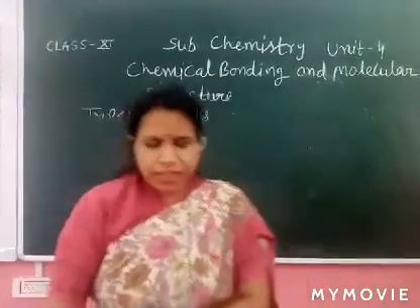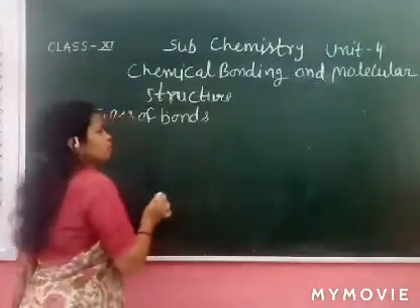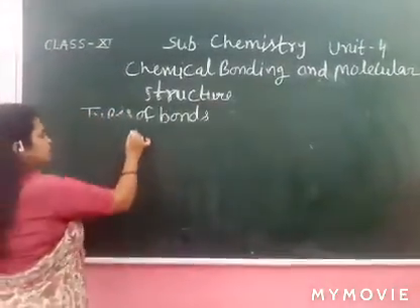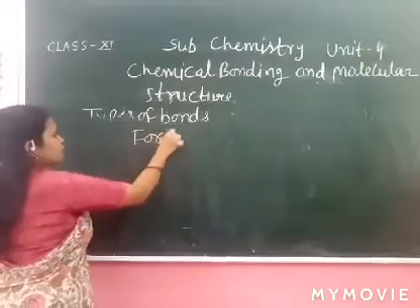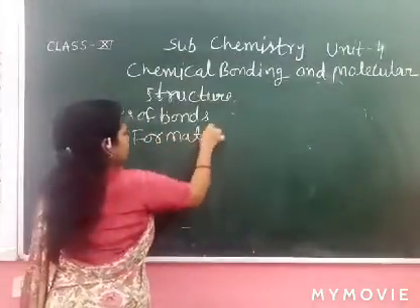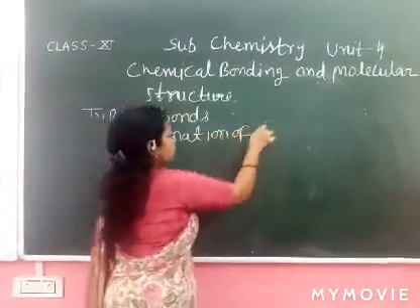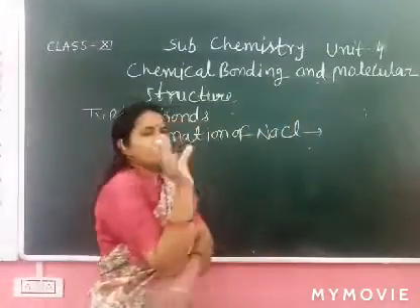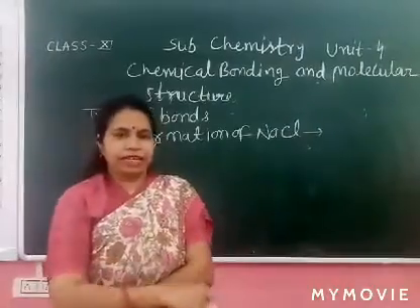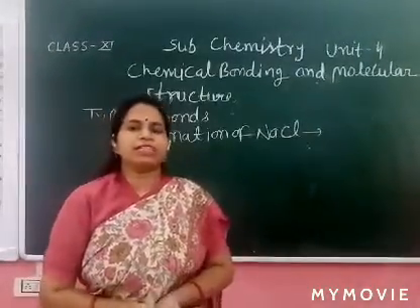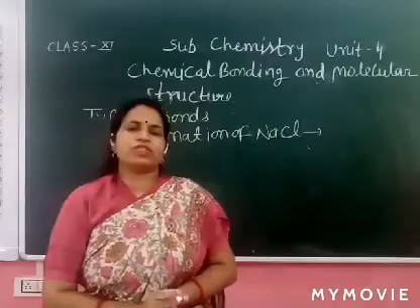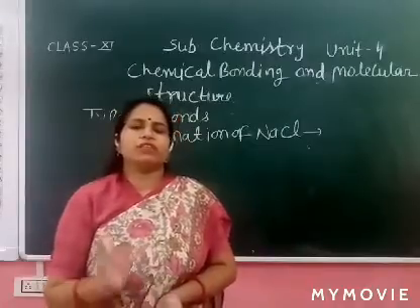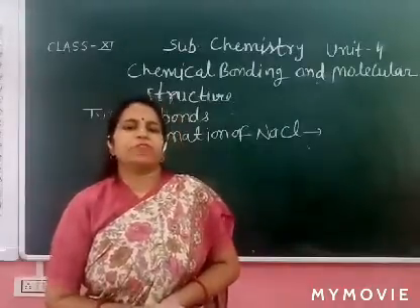Now we take an example, the formation of NaCl. Very simple example. Group 1 alkali metals and alkaline earth metals, when they react with the halogens or oxygen, always form the ionic bond.